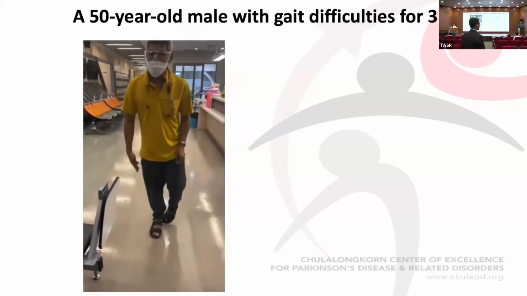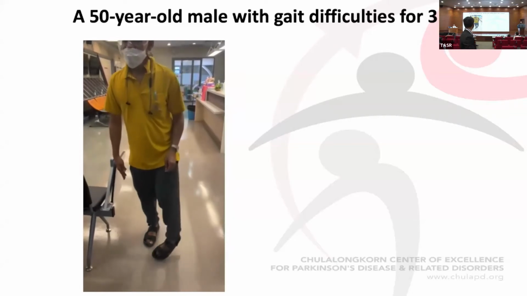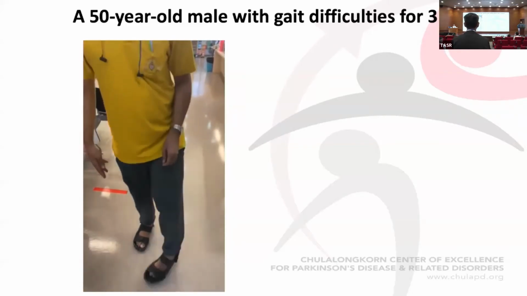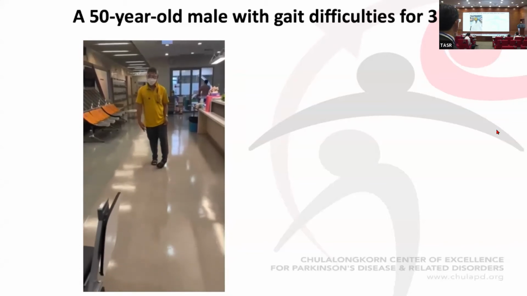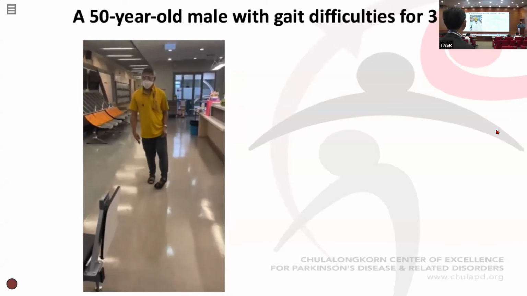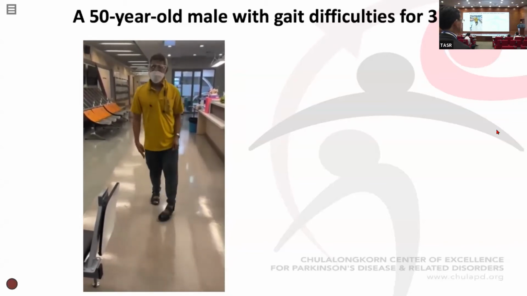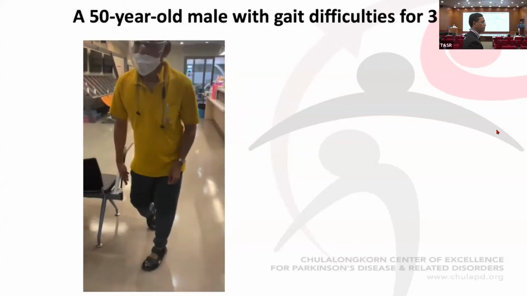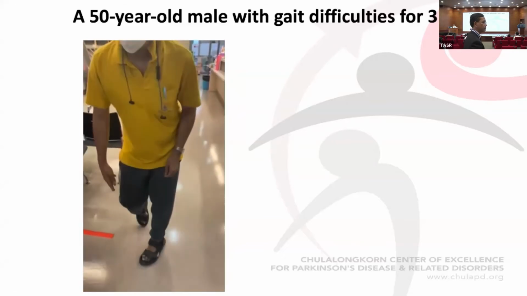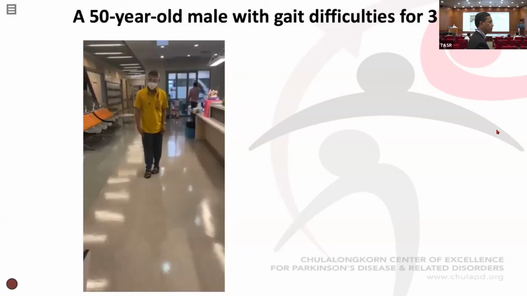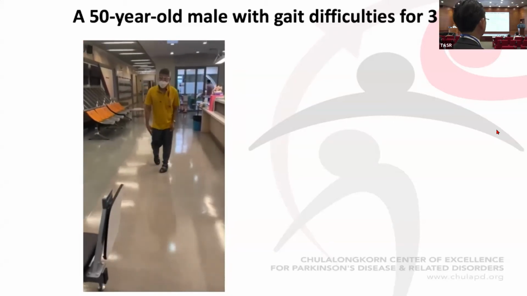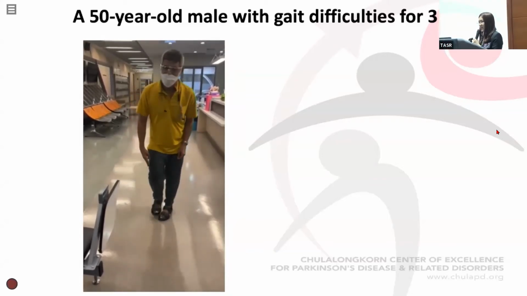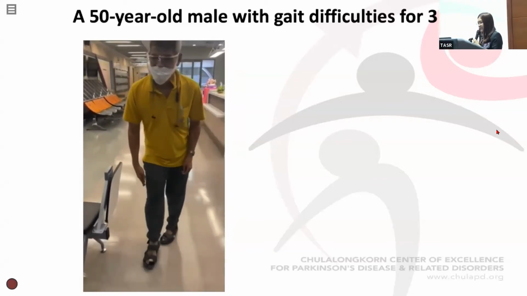We can see here the left leg of the patient is stiff. The foot cannot... There is a stop between the foot and the floor. I think generally we can use the name steppage gait. Steppage gait. Okay. So you think that this patient has steppage gait?